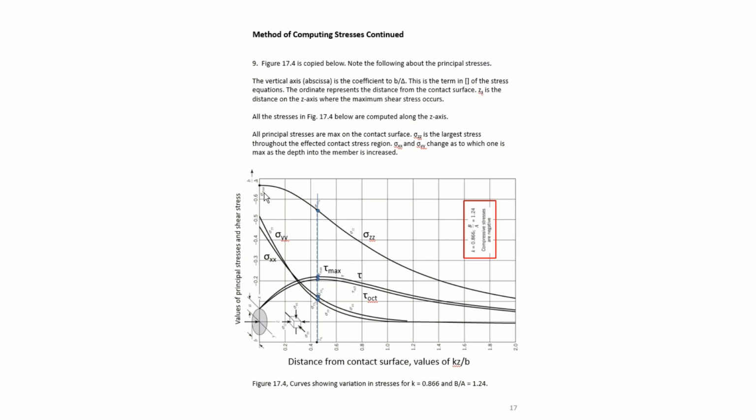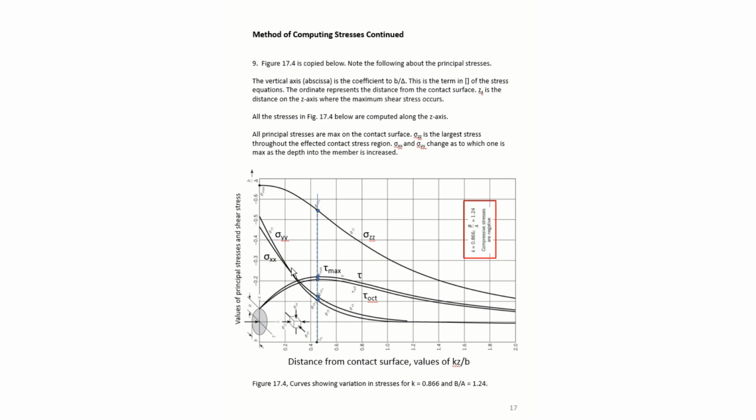Now what we note here is that sigma ZZ, like we talked about, is always the largest principal stress, and sigma XX and sigma YY actually change places. Right at a distance of 0 from the contact surface, sigma YY is going to be larger than sigma XX.